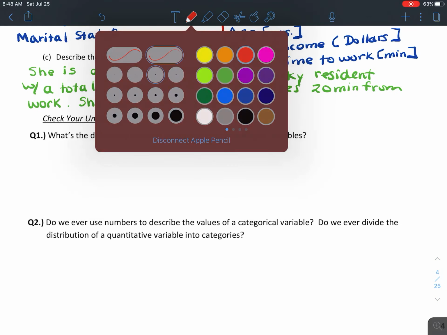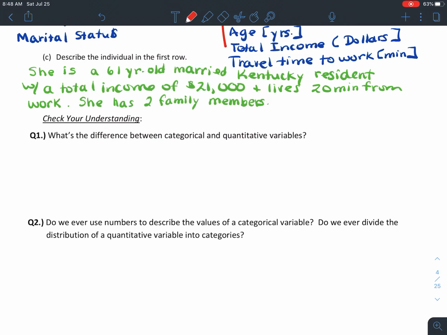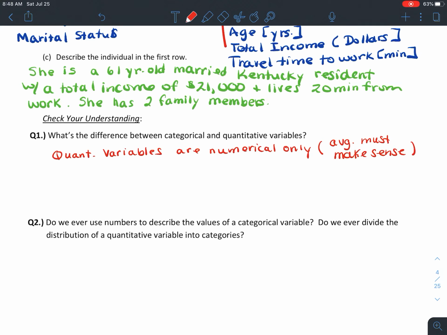What is the difference between a categorical and quantitative variable? Well, quantitative variables are numerical only, okay? But I'm going to make a note here. Averaging must make sense, okay? It's not just any number.